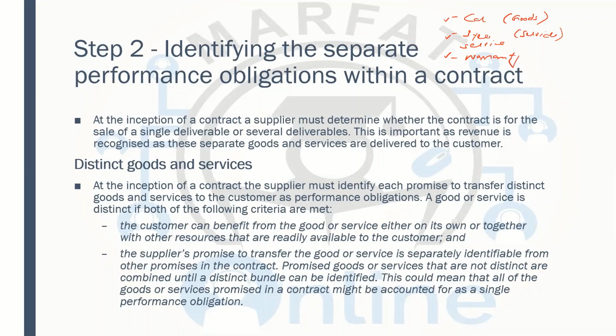So these are the 3 different performance obligations. At the inception of the contract, a supplier must determine whether the contract is for a sale of a single deliverable or several deliverables. Is there a single obligation or multiple obligations? This is important as the revenue is recognized as these separate goods and services are delivered.